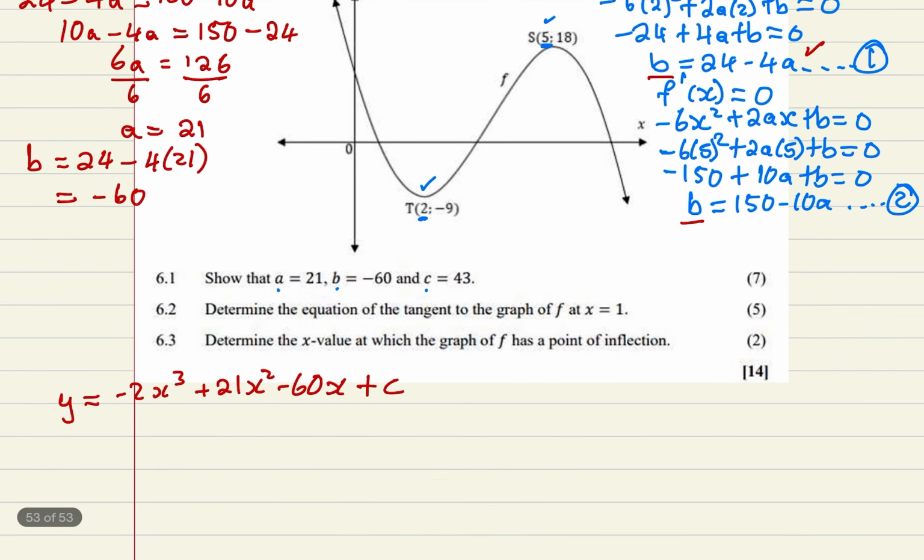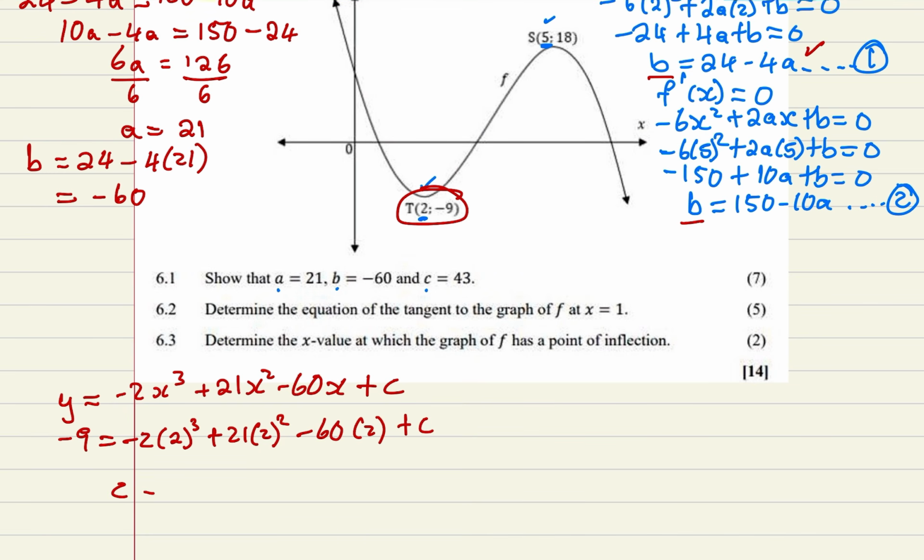Then we substitute a coordinate: negative 9 equals negative 2 into 2 all cubed plus 21 into 2 all squared minus 60 into 2 plus c. Then we find c to be 43.